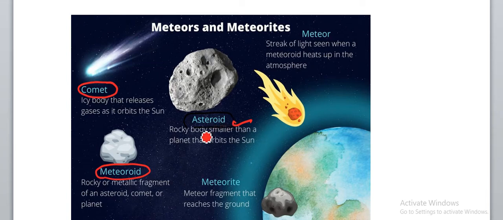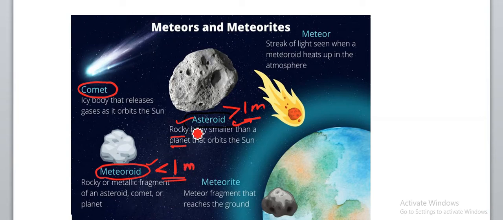See, first we will look at the difference between the asteroid and meteoroid. Asteroid and meteoroid are almost similar in their structure. Both are rocky, and they are the remnants of the planet. The difference is that if the diameter of the rock is less than 1 meter, then it is called as meteoroid, and if the diameter is more than 1 meter, it is called as asteroid, right?